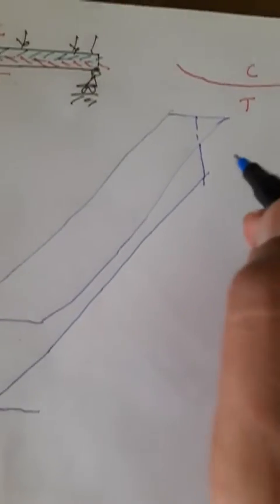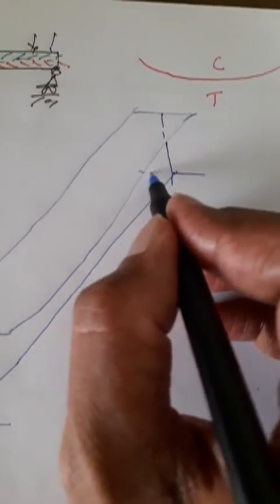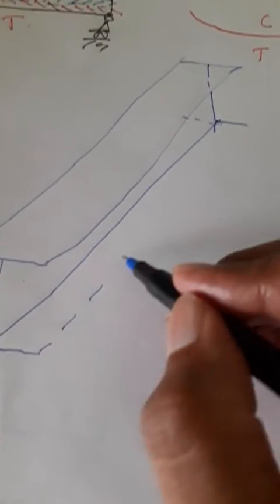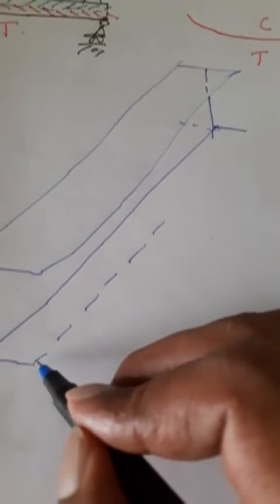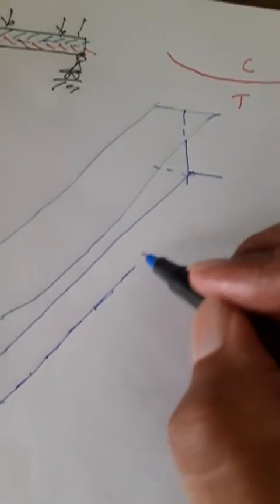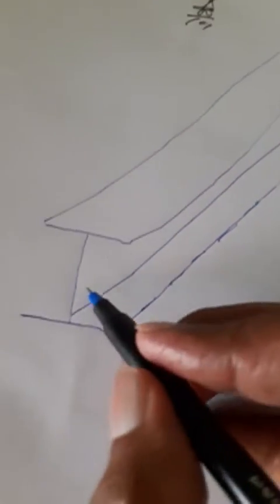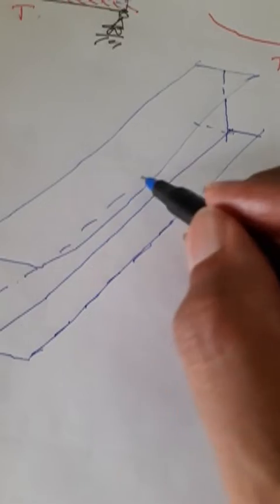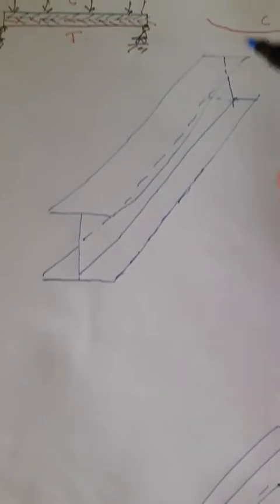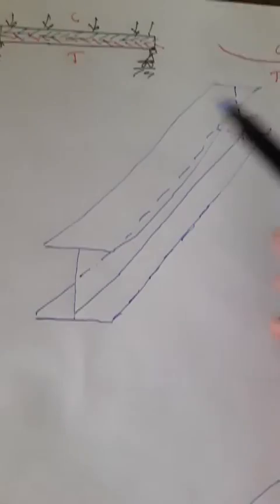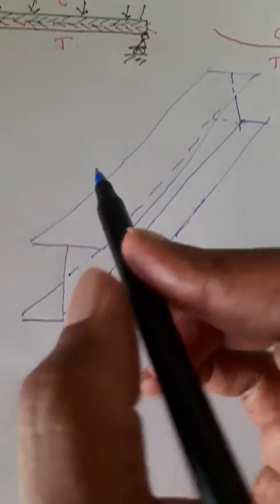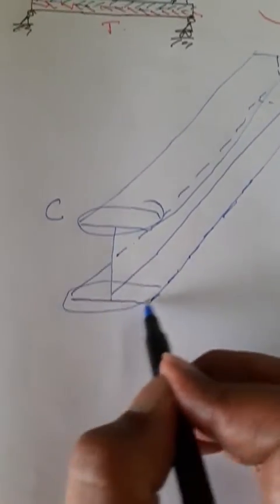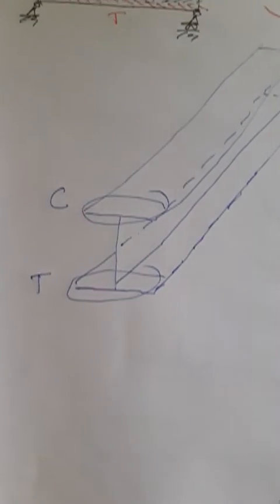So this portion is visible. Say this is an I section. Here, when this beam bends, the top flange will go into compression, and the bottom flange will go into tension.